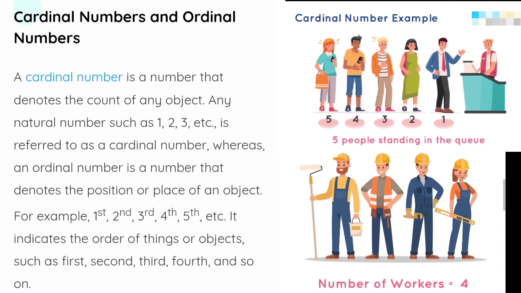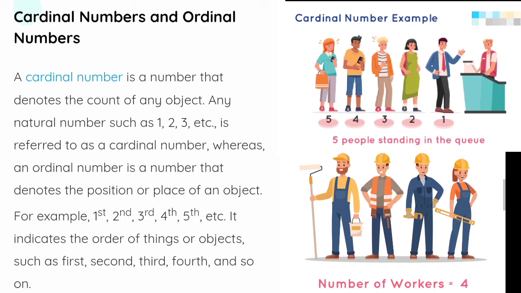Here 5 people are standing in the queue. How many members are there? 1, 2, 3, 4, 5. So 5 people are standing in the queue. You observe below that the number of workers is 4. How is it 4?